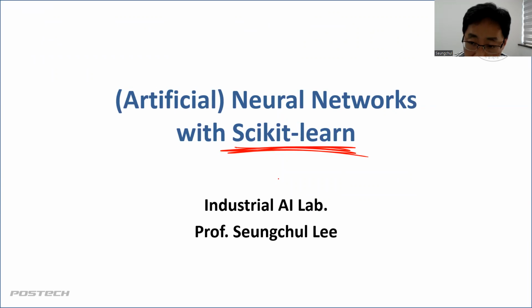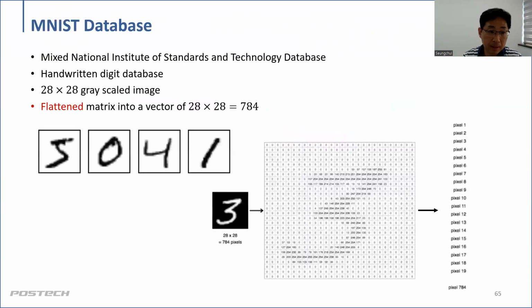I think I mentioned many times that in machine learning problems we can use scikit-learn as embedded functions. The same thing we can do for artificial neural networks: there are embedded functions or modules in scikit-learn, so we can use that to find all the omegas.